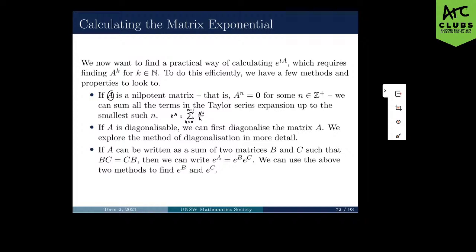So basically we're taking only a finite number of matrix powers, which means a finite amount of work. So that's nice. Another method that we've covered is diagonalizing matrices, which we'll talk about in more detail later.